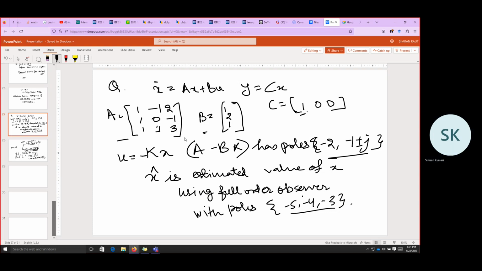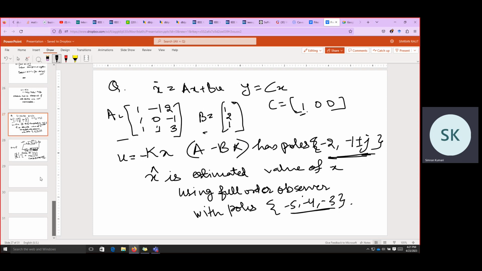Either we can convert this A, B into the controllable canonical form, then find the transform and equate the characteristic equation, or we can use Ackermann's method for these poles.